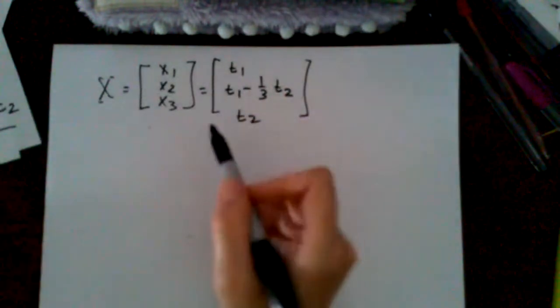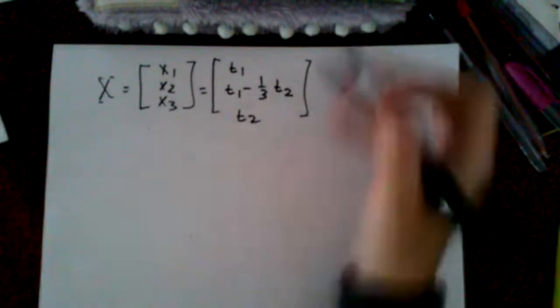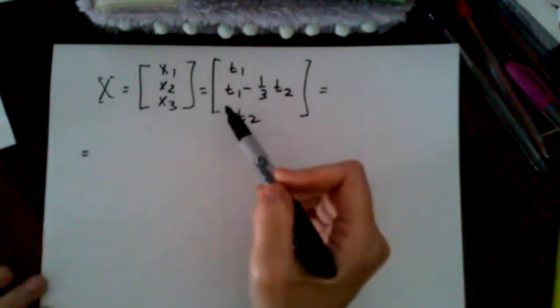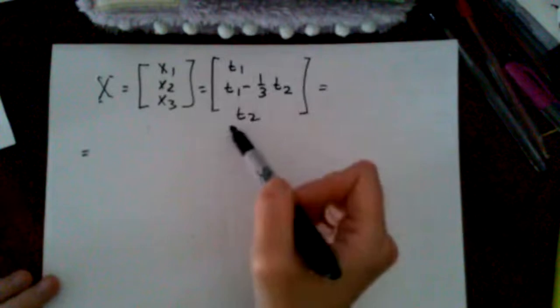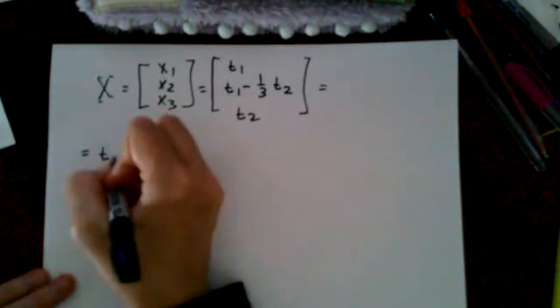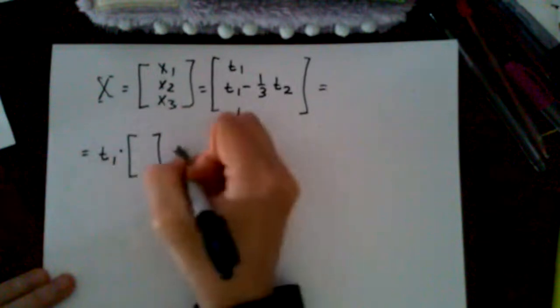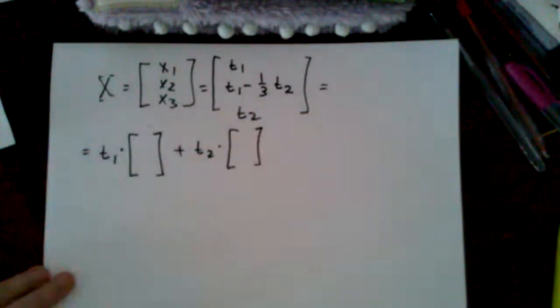This time our answer looks a little bit strange, but let's wait a little bit. We already encountered this before, and now we need to split this column into the sum of 2 columns: t1 times some column of coefficients plus t2 times the second column of coefficients.